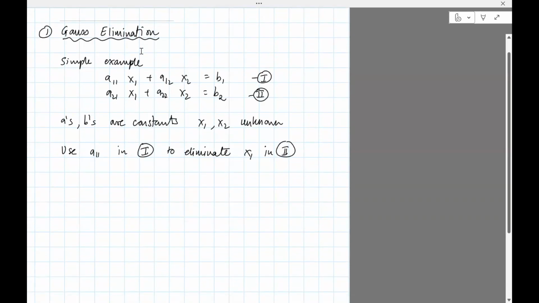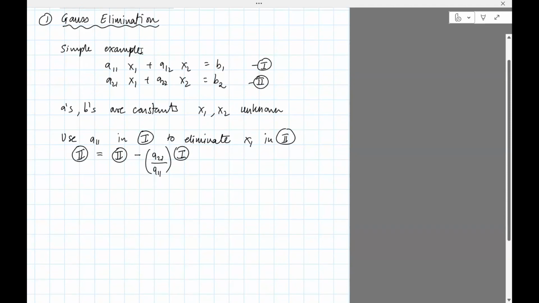If I want to do that, I need to rewrite equation 2 in the following way. I take equation 2, and I subtract the ratio a21 divided by a11 multiplied with equation 1.